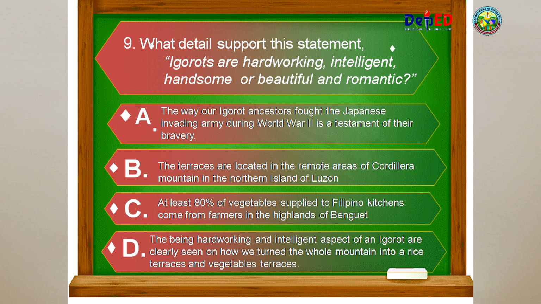Letter C. At least 80% of vegetables supplied to Filipino kitchens come from farmers in the highlands of Benguet. And letter D. The being hardworking and intelligent aspect of an Igorot are clearly seen on how we turn the whole mountain into rice terraces and vegetable terraces.